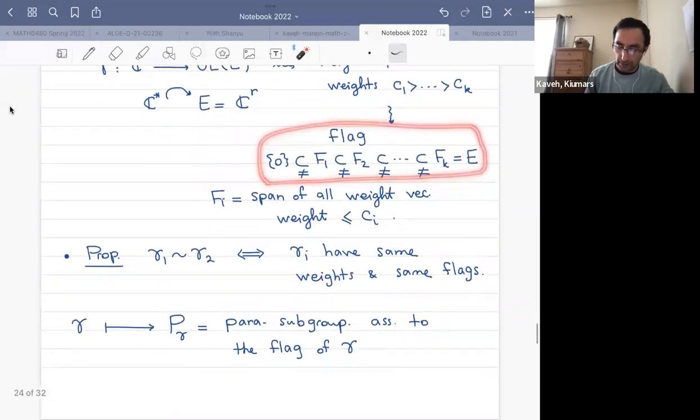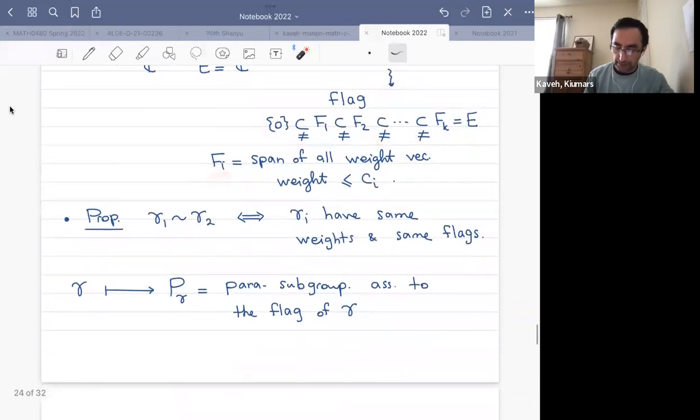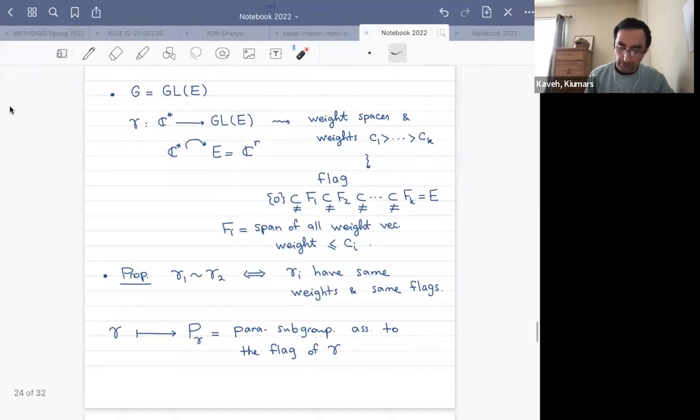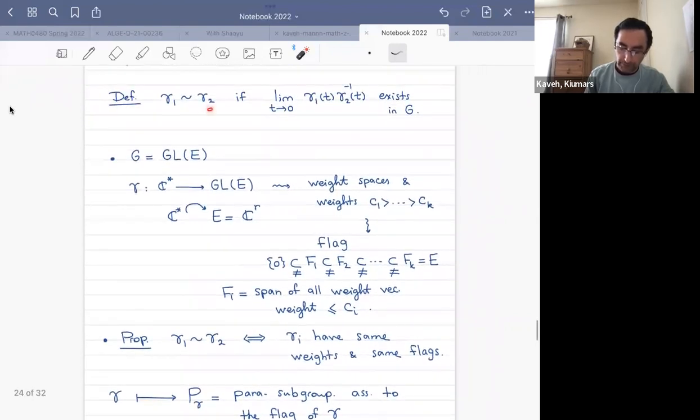In other words, the ith element in the flag is the span of all weight vectors of weight less than or equal to the ith weight. You can have two different one parameter subgroups with the same weights and same flag. The weights and weight spaces determine the one parameter subgroup, but flag and weights do not determine it.